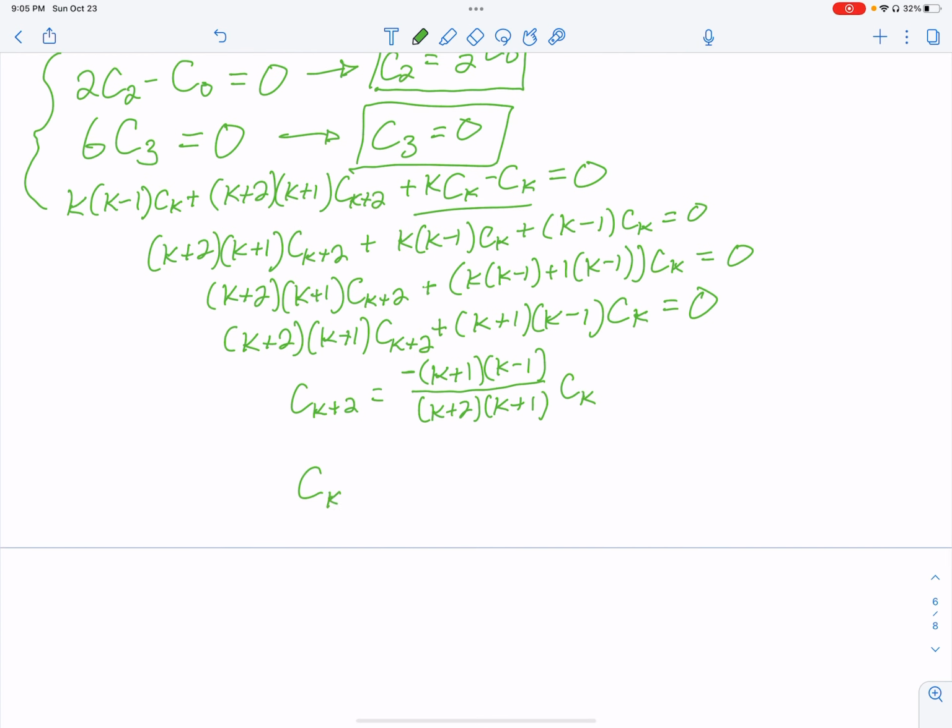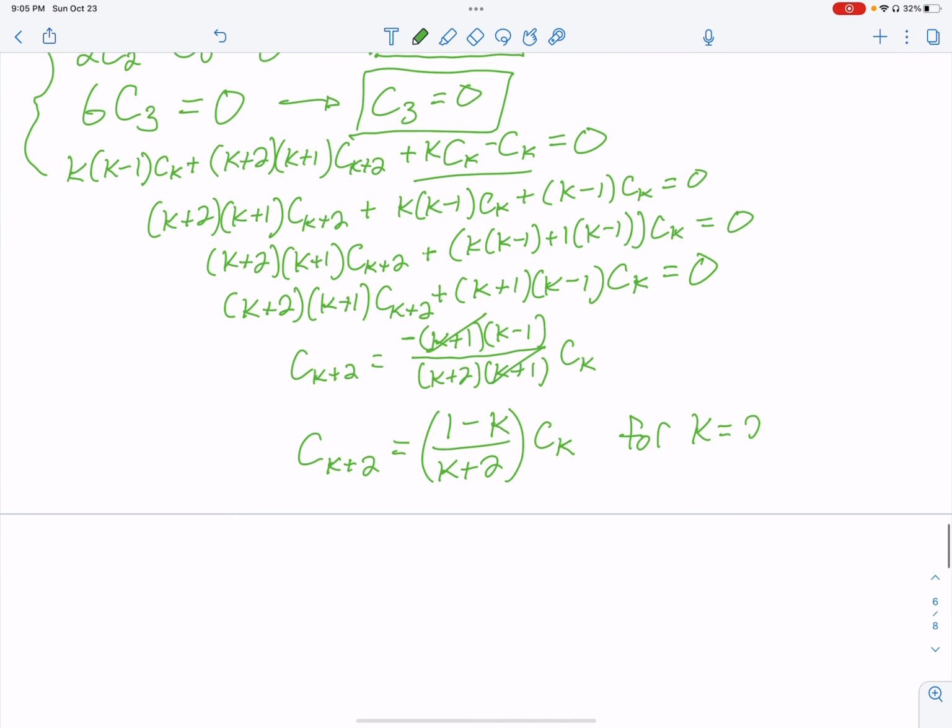So here is my formula that we're going to use. The negative distributes, and I can do that over k plus 2. That's just the negative through k minus 1, ck. And then this is for k equals, we just look back at our summation, it started at 2. And this tells me where to start.